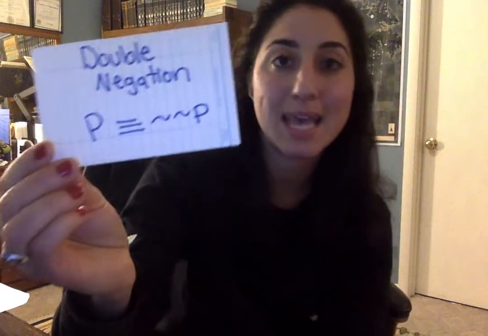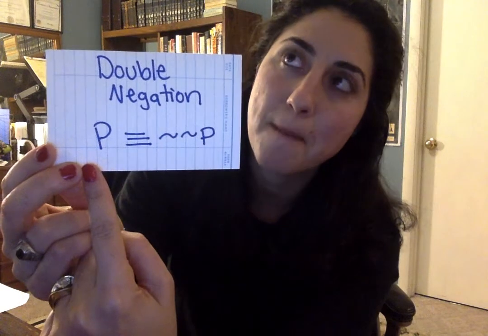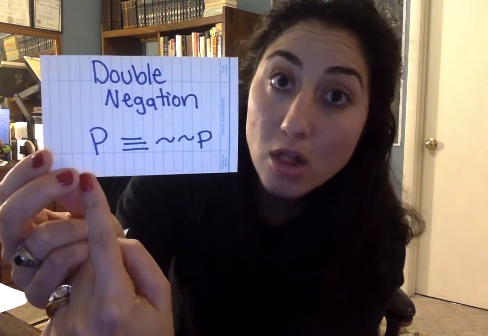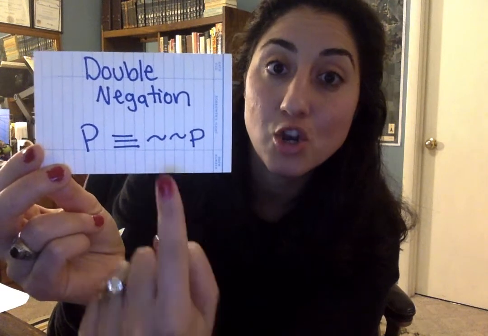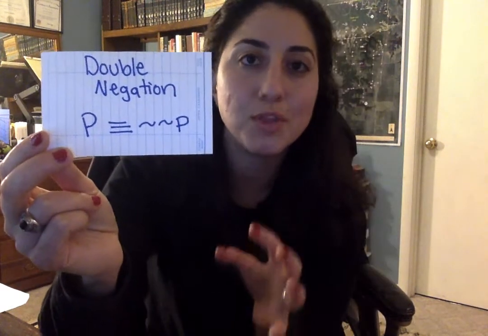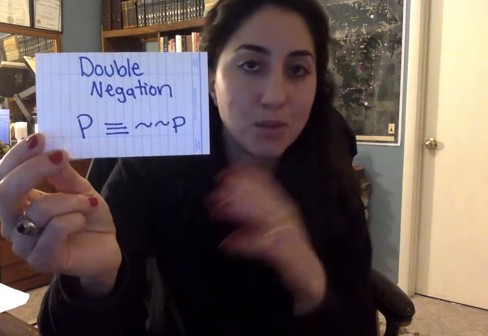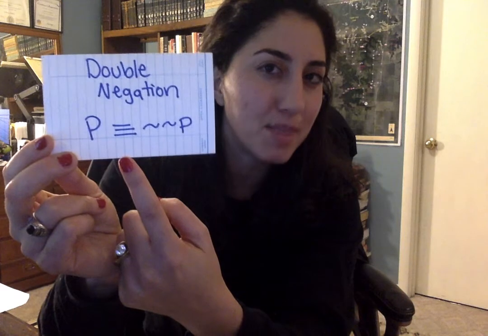Here we might say that, let's represent P as "I'm married to Paul," and "it's not the case that I'm not married to Paul." Those two things, what's on the left and on the right of our symbol, are saying the exact same thing.